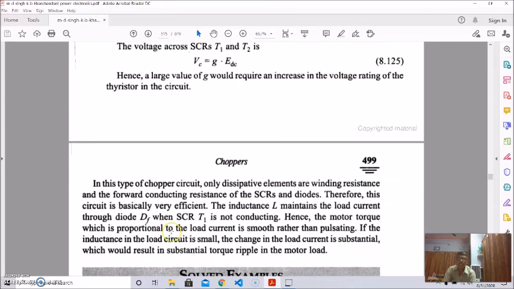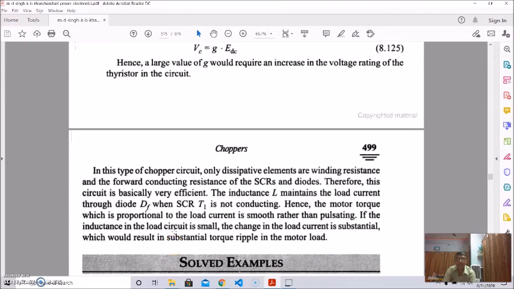In this type of chopper circuit, the only dissipative elements are the winding resistance and the forward conducting resistance of the SCRs and diodes. Therefore this circuit is very efficient, and the inductance L maintains the load current through the diode DF when SCR T1 is not conducting.